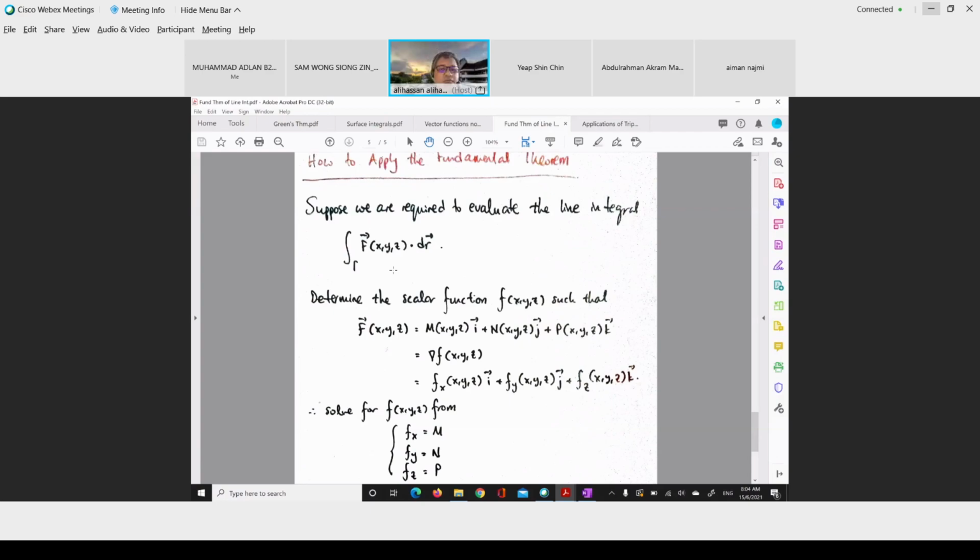Instead of an interval on a line, now we have a space curve. So the role of the line interval here is now replaced by a space curve, with initial point and terminal point here, right? So there is a connection between boundaries and the curve.